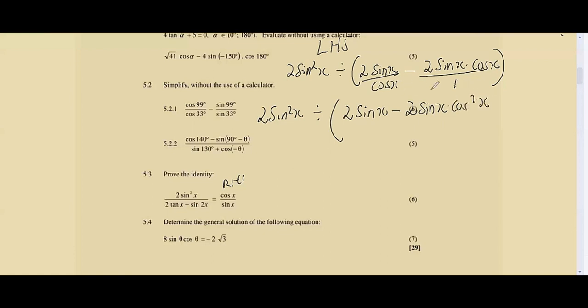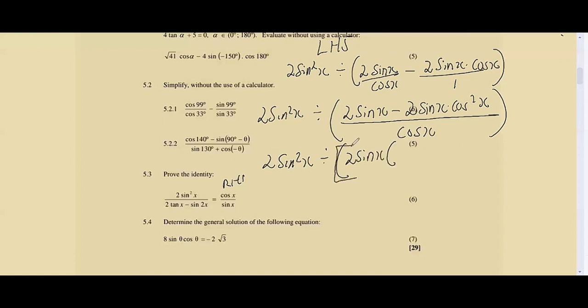Then if I multiply the denominators here, I have cos x as my LCM, right? So this will become 2 sine squared x divided by, if you have a look at this, the 2 sine x now becomes a common factor. So let me factor out 2 sine x here, and let me use a square bracket so that it doesn't get confusing.